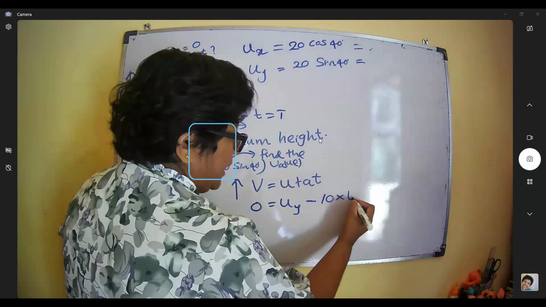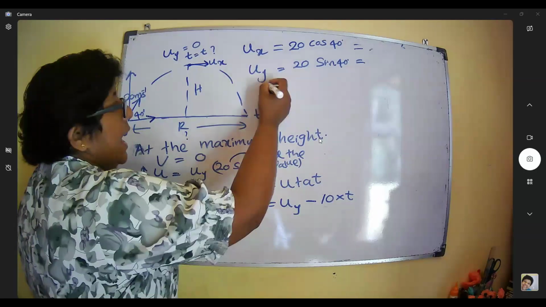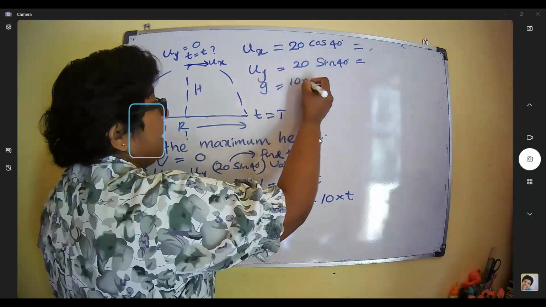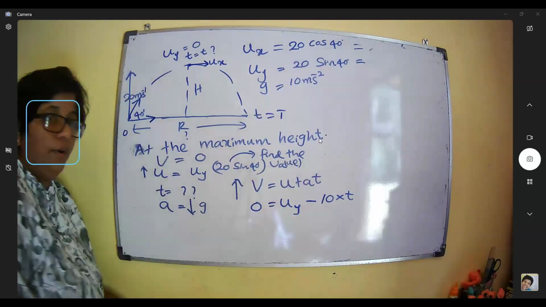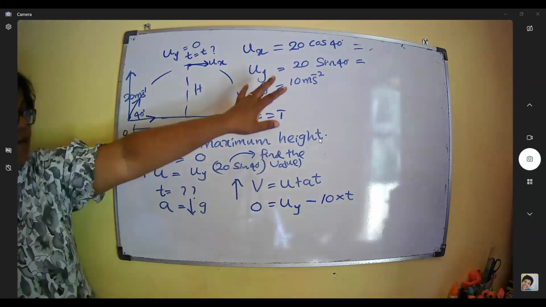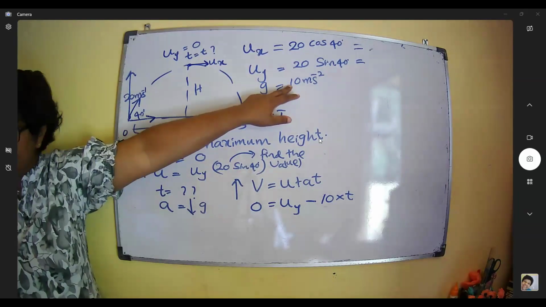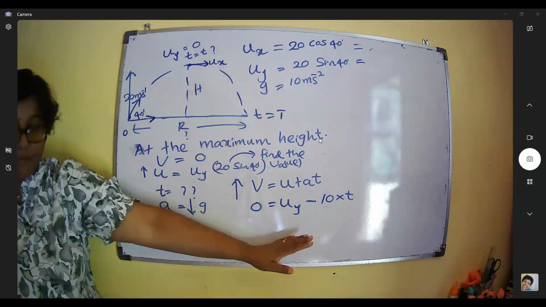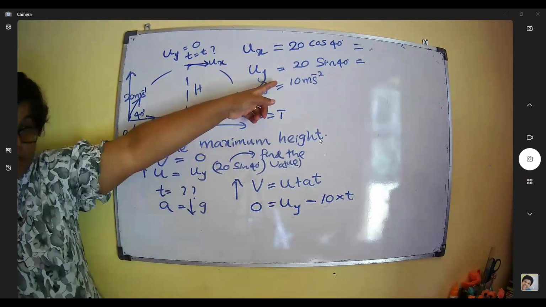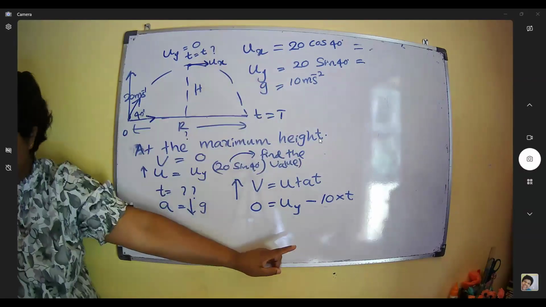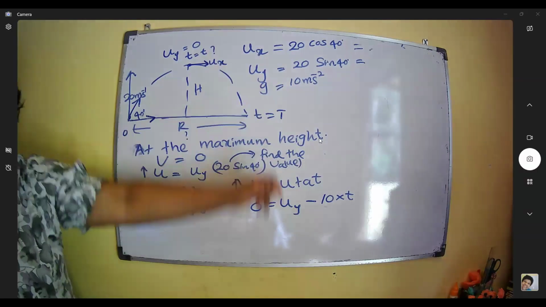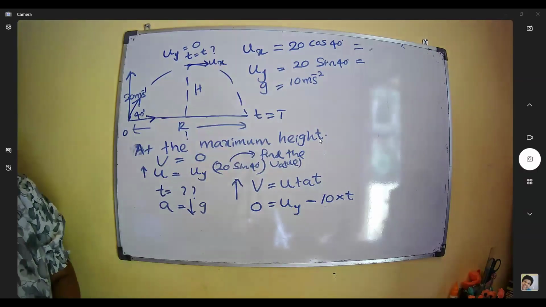I'm taking g as 10 ms^-2. In your paper, they will mention what the gravity is. If they mention 9.8, you should take 9.8, right? If the paper mentions 10, you should take 10, right? Then I'm taking g as 10 ms^-2.